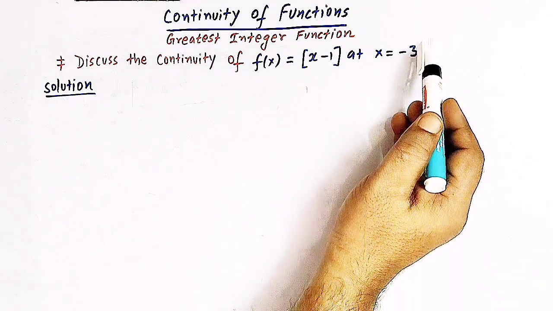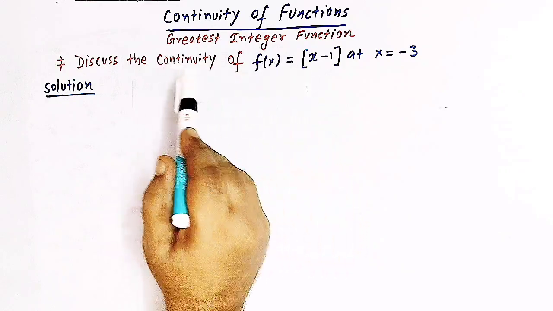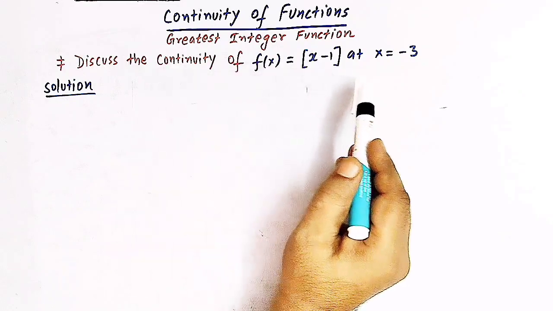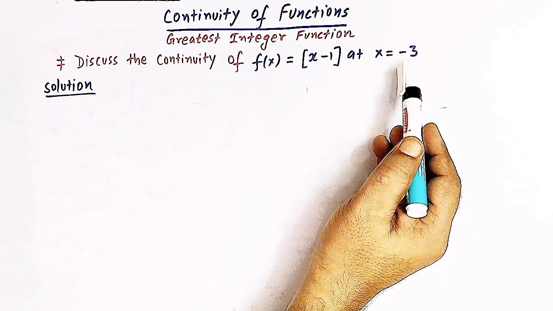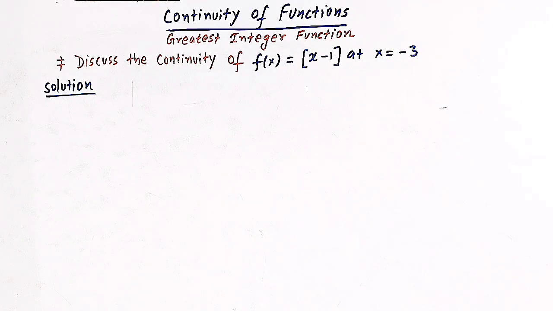We can see that we have to discuss the continuity of this greatest integer function at this integral point, that is, minus 3 is an integer. So let us start.